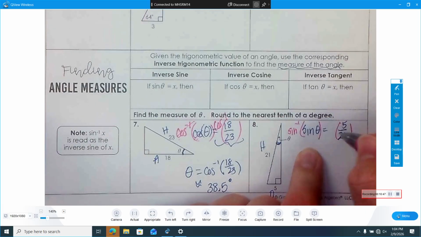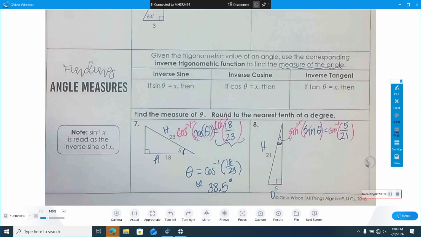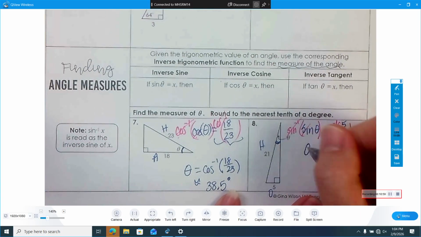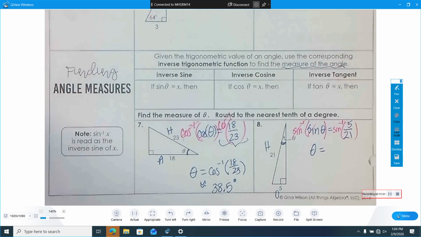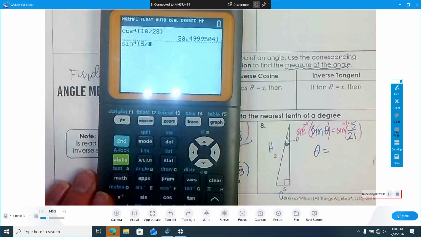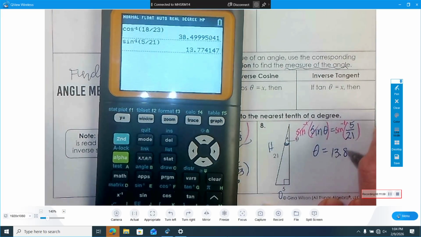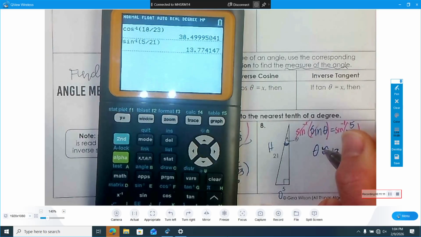Sine inverse. And you don't say sine to the negative 1 because it's not the same thing. This is notation. It's actually a word. Negative 1 is a reciprocal. So we just want to be very clear here. So in my calculator, I just have to type in sine inverse of 5 over 21. Super easy. And I get 13.8 degrees roughly.